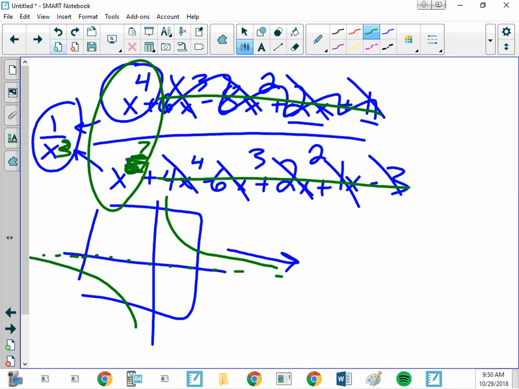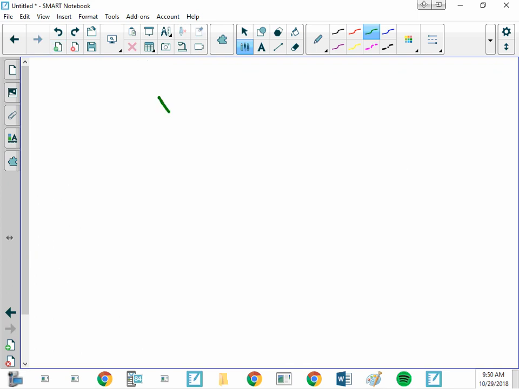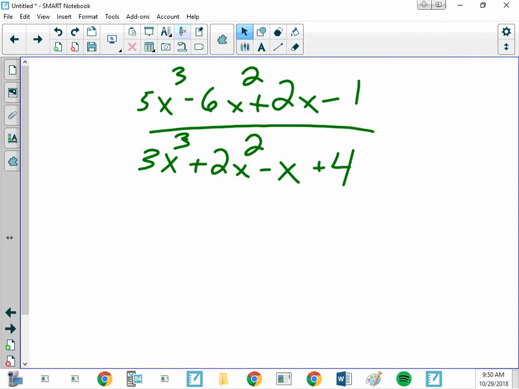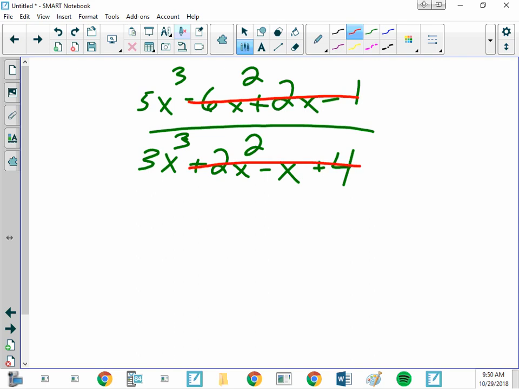What if they're the same size? So let's have x to the third minus 6x squared plus 2x minus 1 over x, or let's do 5 and 3. Okay. What happens when I start plugging in really, really big numbers? Well, if x is huge, then these tend to not matter.